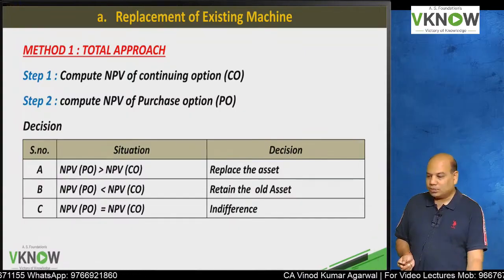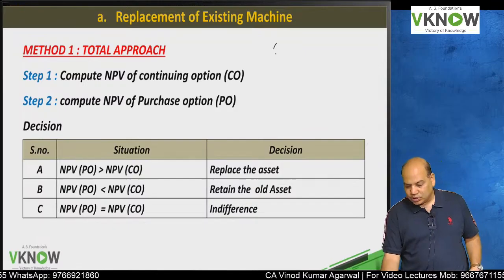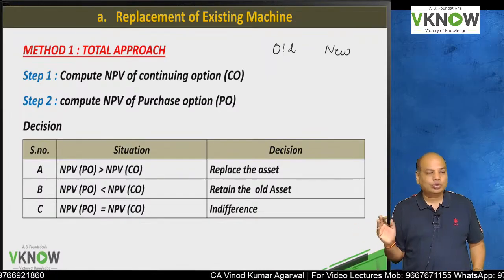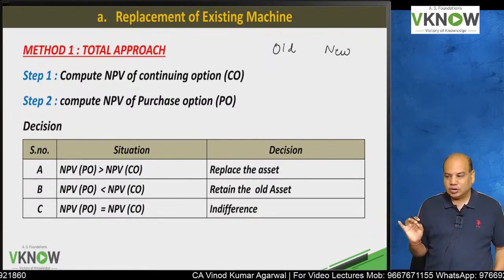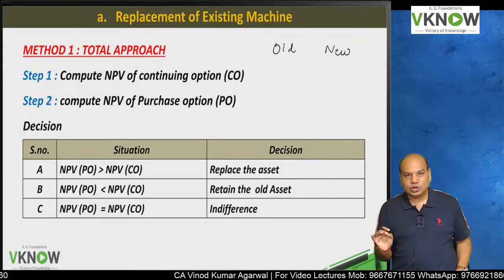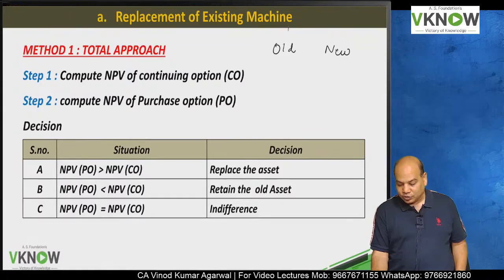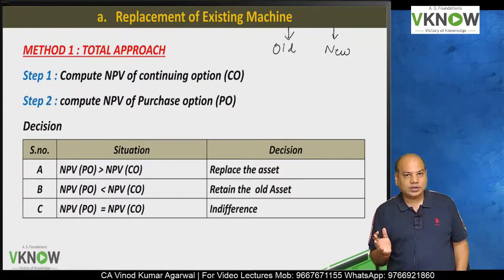Sir, what is the total approach? Total approach means treat the two assets as two mutually exclusive proposals. You treat it as if you have to make a choice between the old asset and the new asset.